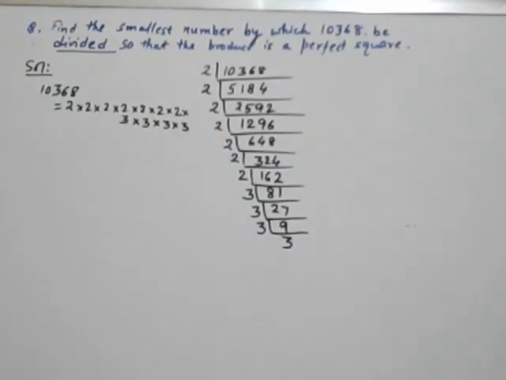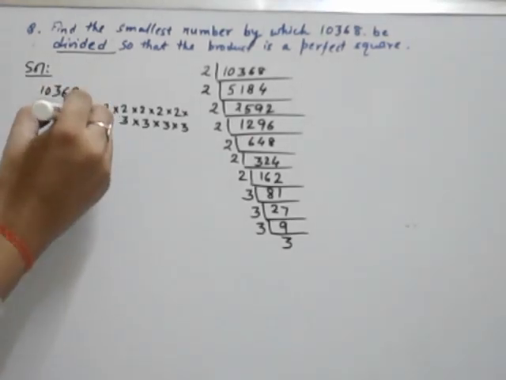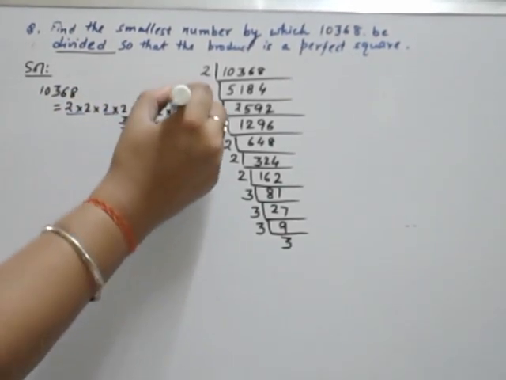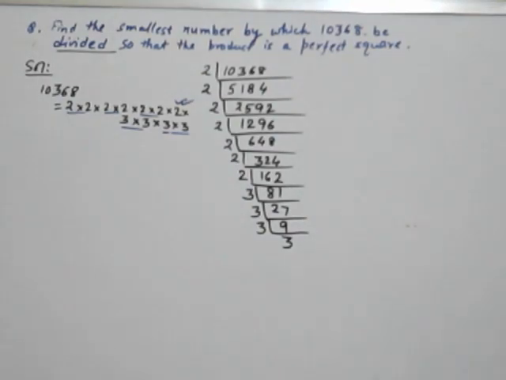Now on grouping the prime factors of 10368, two is left.